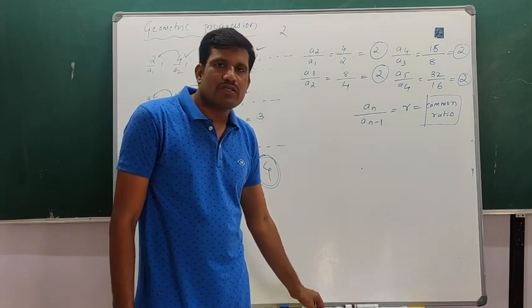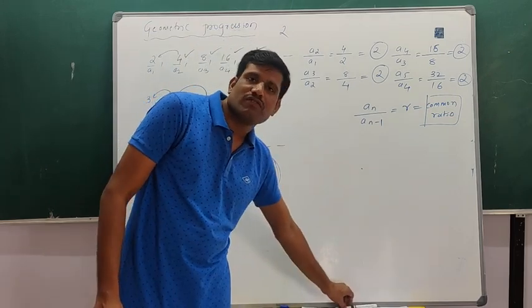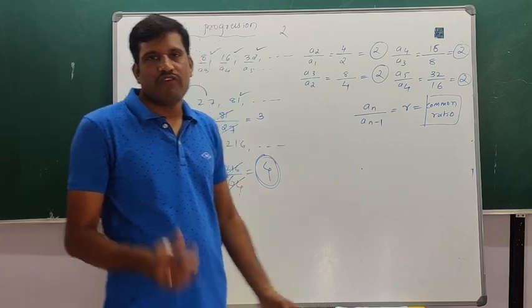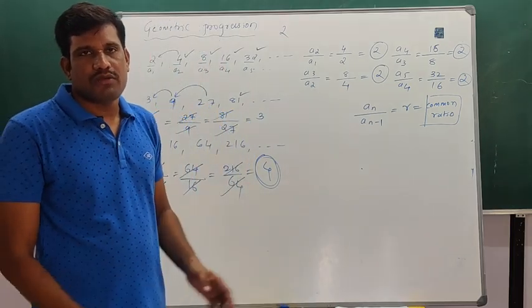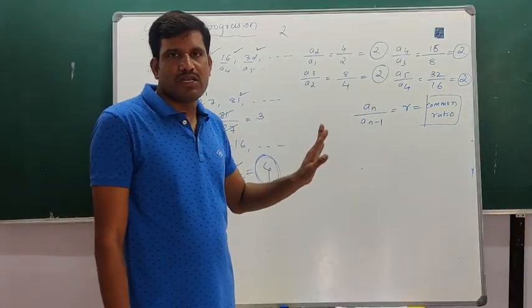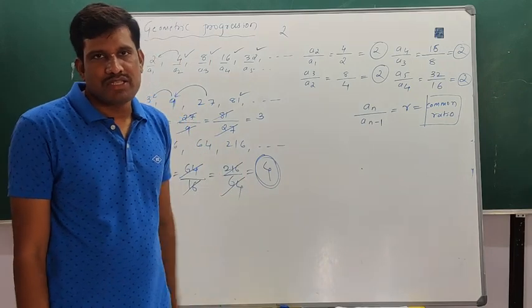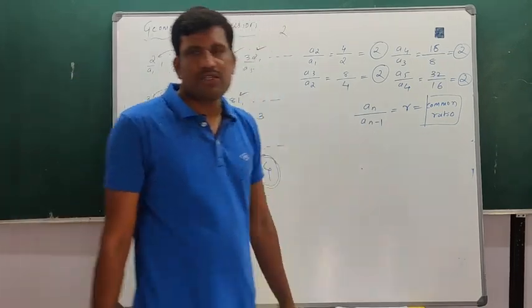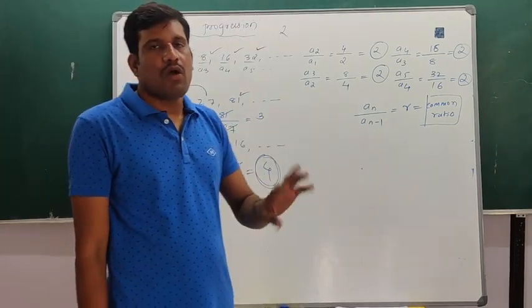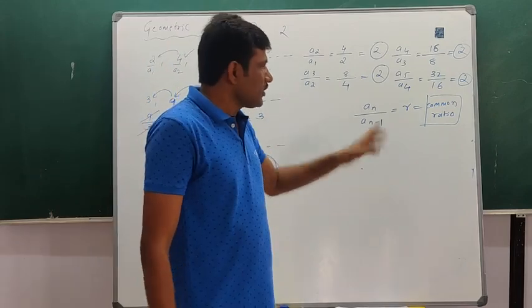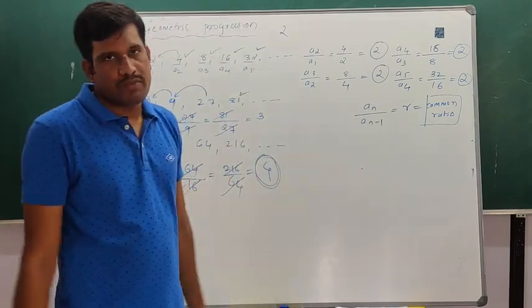So what is the characteristic of a GP sequence? When we take the ratio of a term divided by its previous term, for any terms in the given sequence, that ratio will be the same, and that ratio we call the common ratio. In AP the common difference will be the same, but in GP the common ratio will be the same, right?